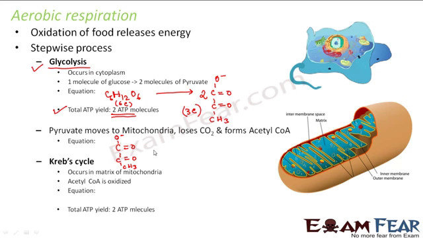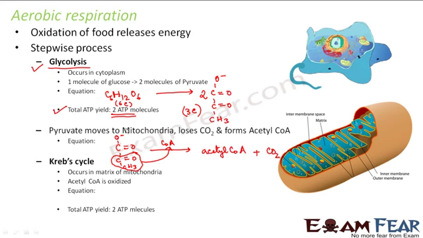So this pyruvate, in presence of coenzyme A, what will happen? It will release one carbon dioxide. So carbon dioxide will be released, and CO2 is gone. So what is left? The acetyl group is left. This acetyl group will combine with coenzyme A, and it will form acetyl coenzyme A. So you understood?